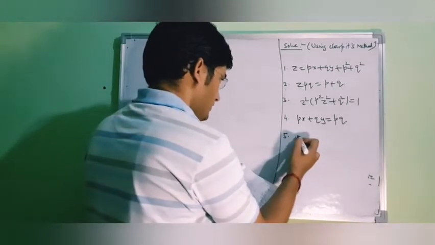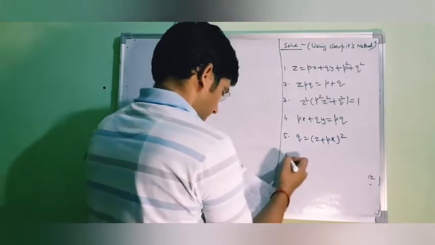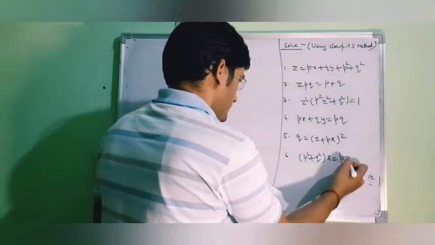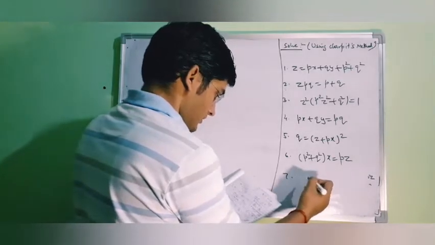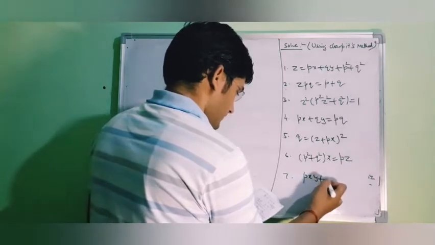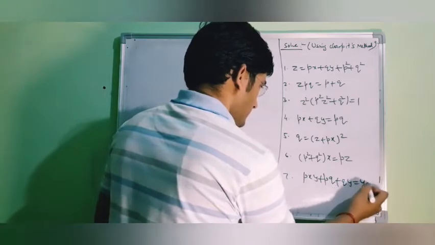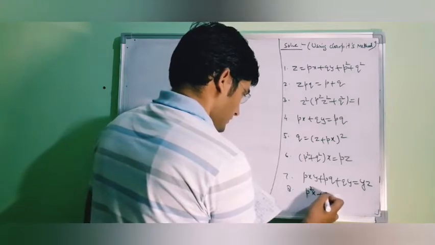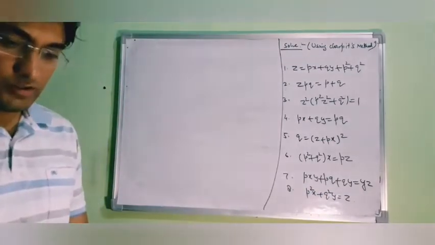Then the fifth one is q equal to z plus px whole square, and the sixth one is p square plus q square of x equal to pz, and then we have the seventh problem as pxy plus pq plus qy equal to yz, and the eighth problem is p square x plus q square y equal to z. So I will try to solve these questions.